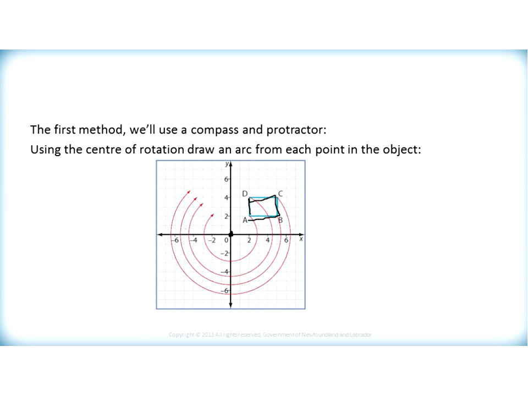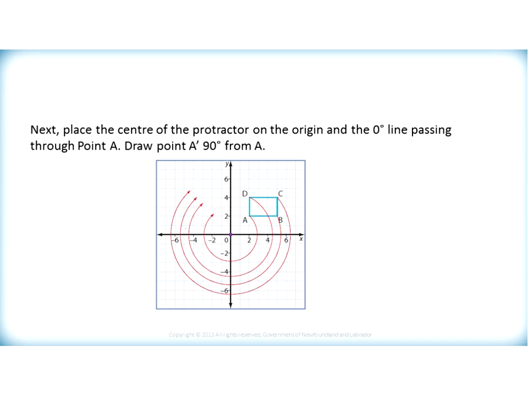So we're rotating our object. Okay, so we place the center of the protractor on the origin. The center of our protractor, which is along the bottom, looks kind of like this often. Here's the center, so we're going to place that on our origin right here.